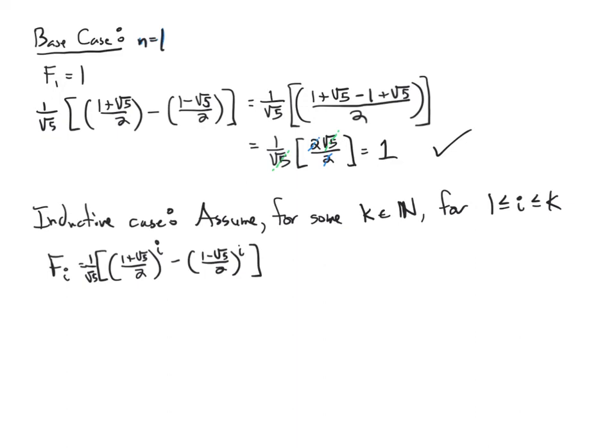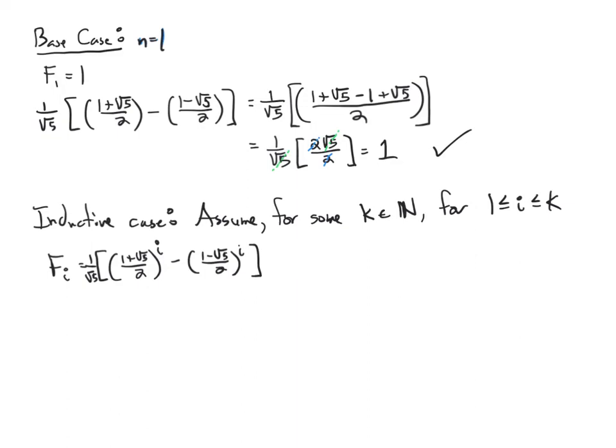So remember, we know that each term in the Fibonacci sequence, except for the first two, is defined as the sum of the previous two terms, so we can use that knowledge. And we have our inductive hypothesis that we can use as well. So give that a go.